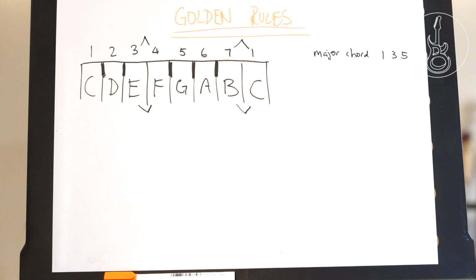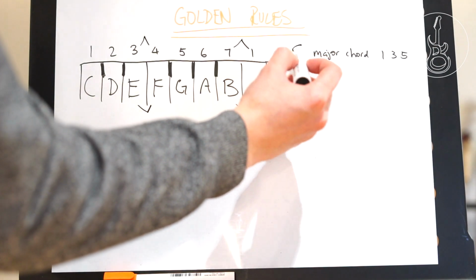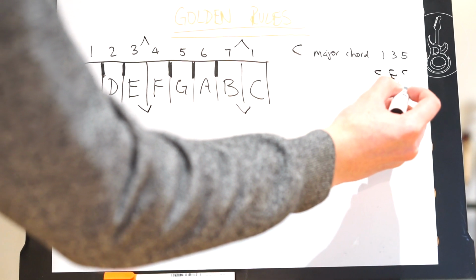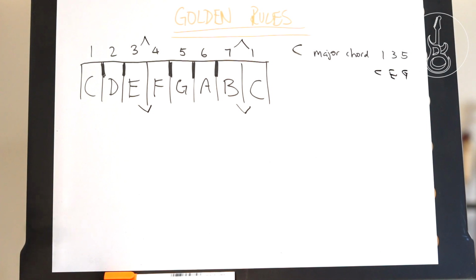For example, in order to get a major chord, you would need the first, third, and the fifth note of a scale. In this case, let's say C major chord. Okay, C major chord will have C, E, G. If you play those 3 notes together, you're going to get a C major chord.